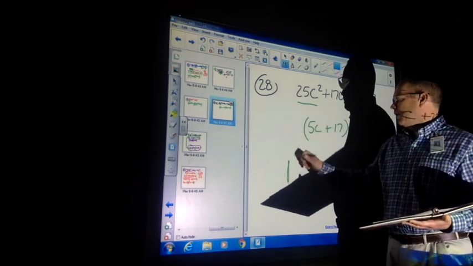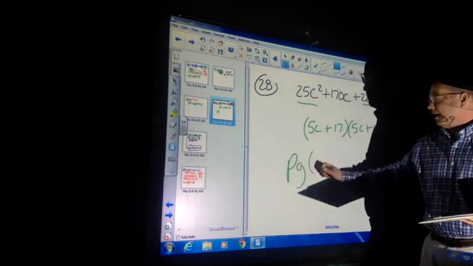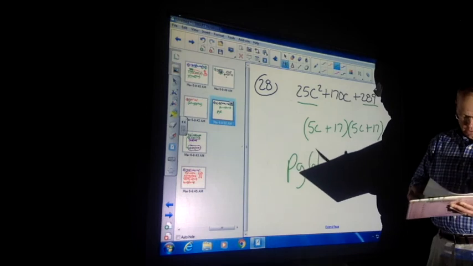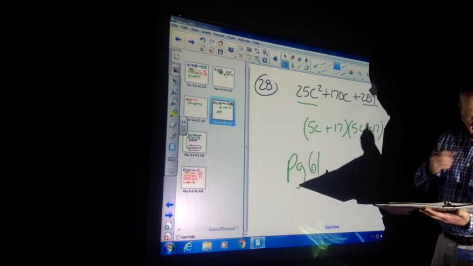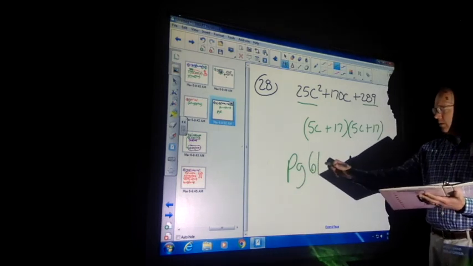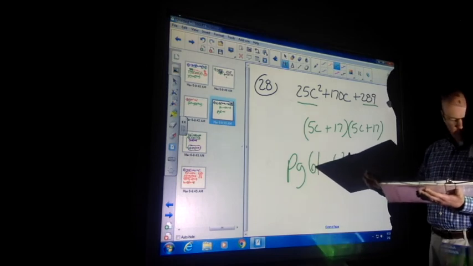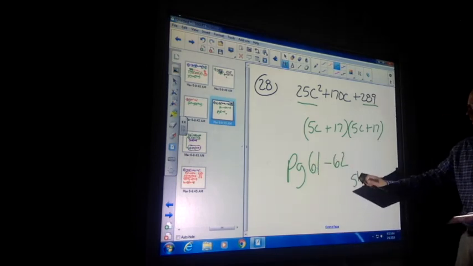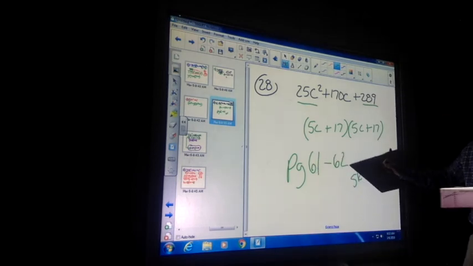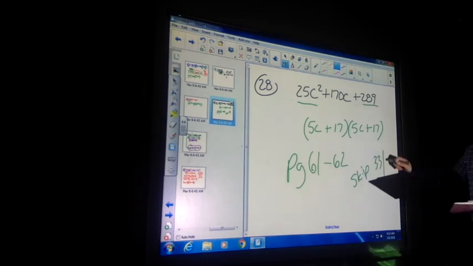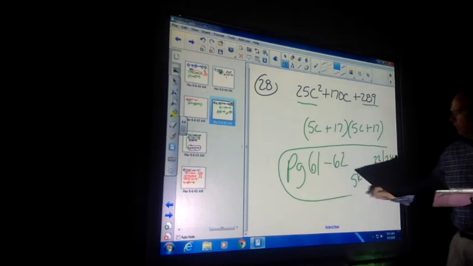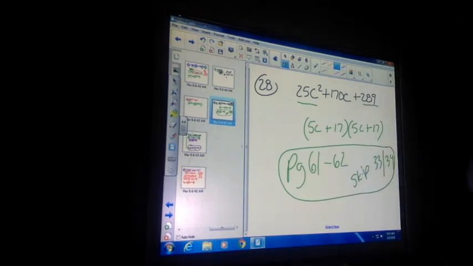So I would like you to work on organizing class on page 61 and 62. And then I would say skip 33 and 34. So this should be a pretty good review of what you'll see tomorrow.